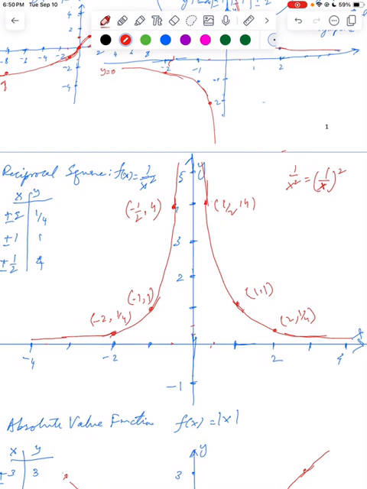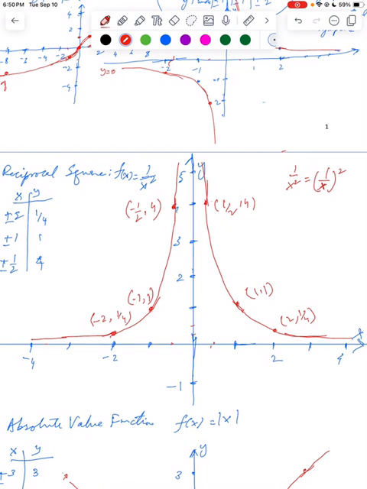We make a table of values, but we are not going too far away from the origin, 0, because if we go to the left or right, we are going to get closer and closer to the x-axis, and then it will be hard for us to plot the point.